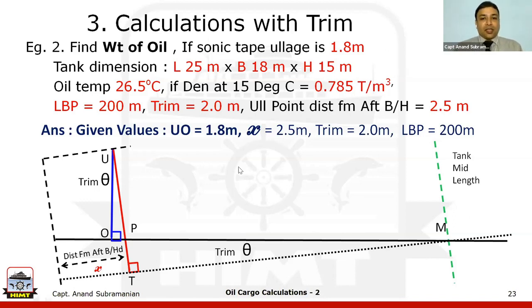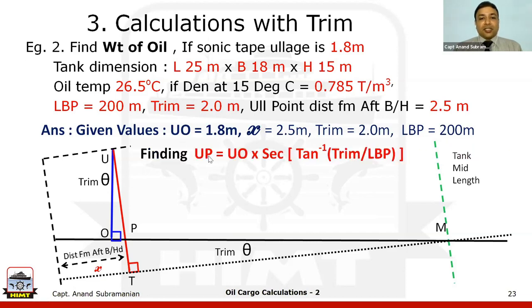So the values are pretty straightforward. I mean, the equation is straightforward. First what we want to find out is UP. You can actually find out the whole thing in a single equation, but doing it for the first time, we can break it down into small sections. Now remember, this is sonic tape. That means two corrections are to be applied. One is the tape correction, and the second one is a trim correction.